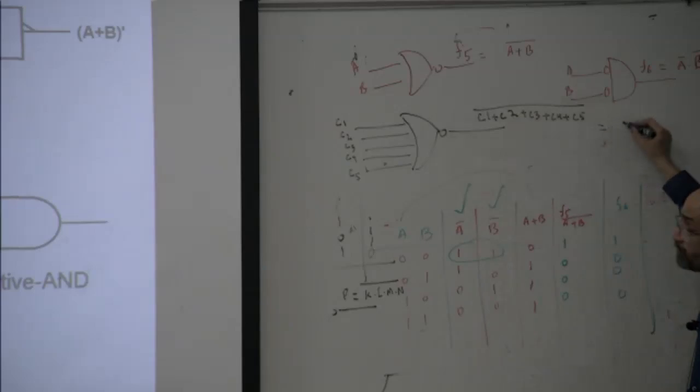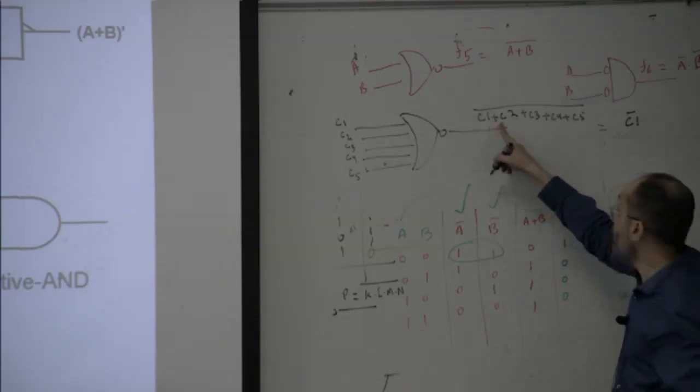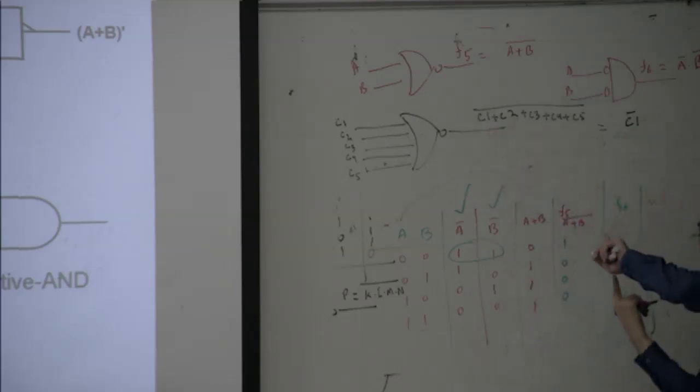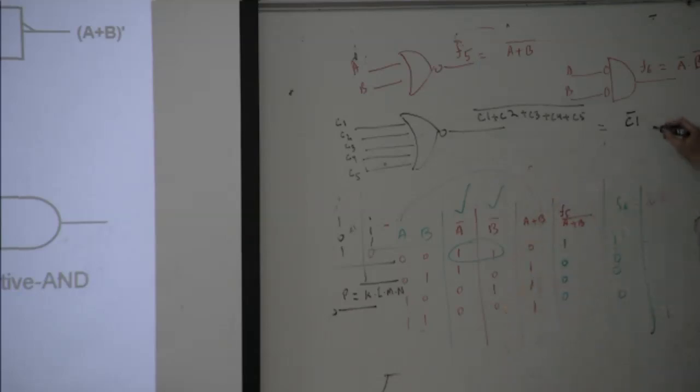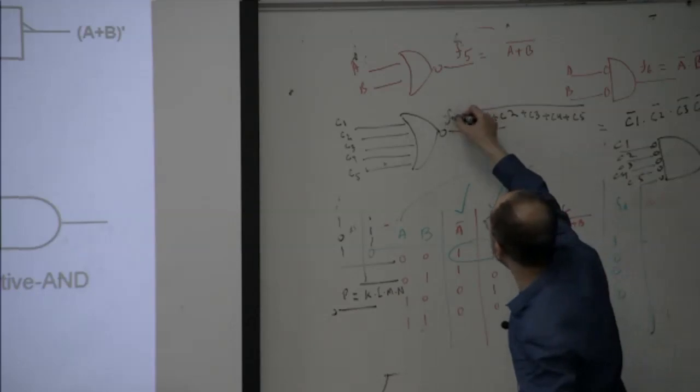This is equal to pushing the bubble from the output to the inputs: C1 bar dot C2 bar dot C3 bar dot C4 bar dot C5 bar. This is equivalent to the negative AND gate with inputs C1 through C5, which is your F7.